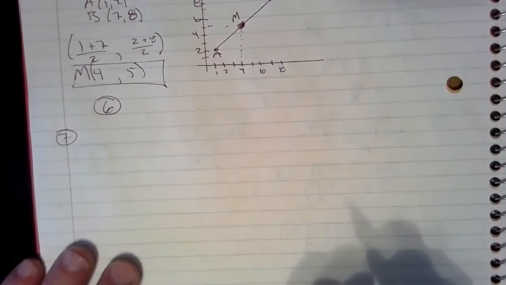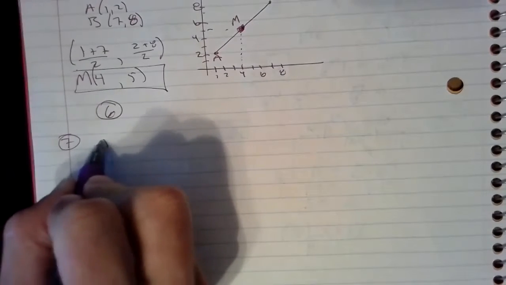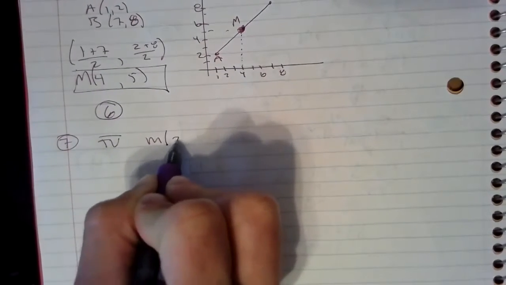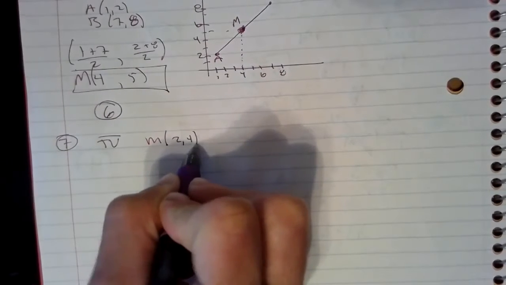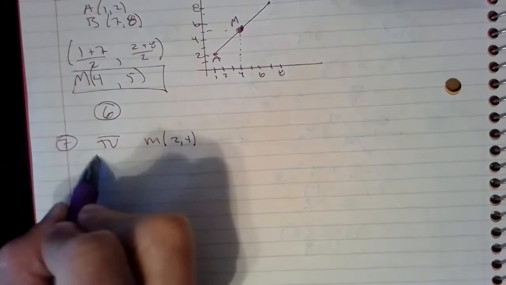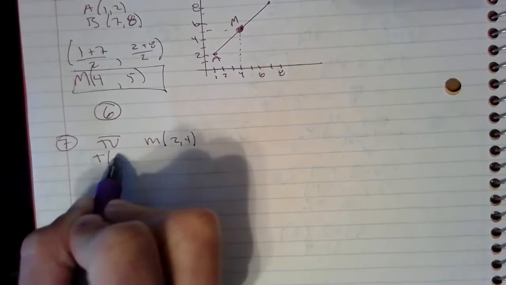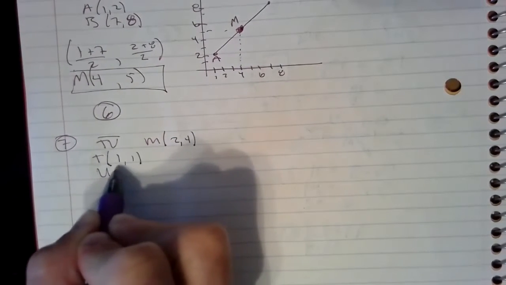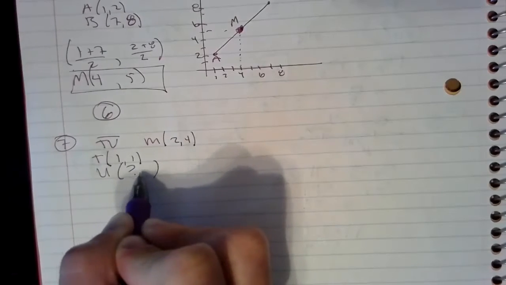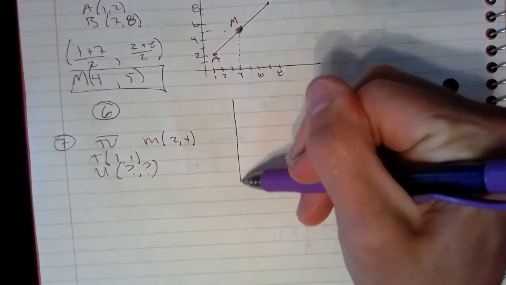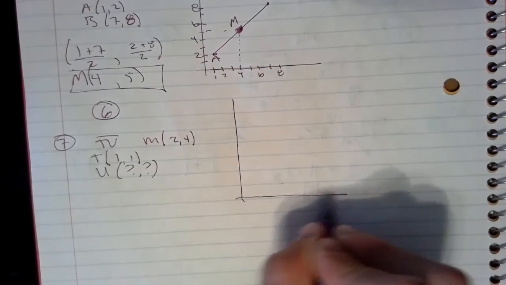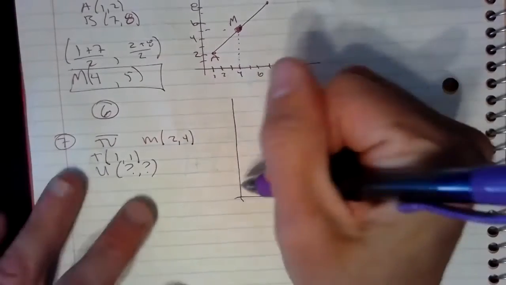All right, so now here we know that there's a midpoint of TU at 2, 4. We know that there's one endpoint of T at 1, 1, and now they're telling us that we need to find out what is U, the other endpoint. So again, let's get a nice visual representation of this because it definitely helps to visualize.